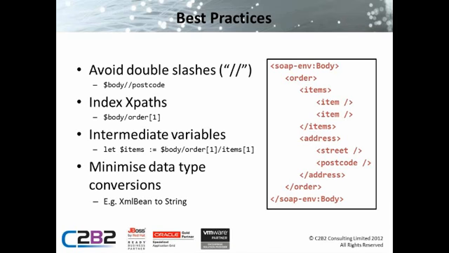And lastly for this slide, it's always a good idea during the message flow through your pipeline to minimize data type conversions where possible. So if you are doing an assign action, for instance, that's going to return you an XML bean, then it's going to be a good idea to return an XML bean from a Java callout rather than returning a string.